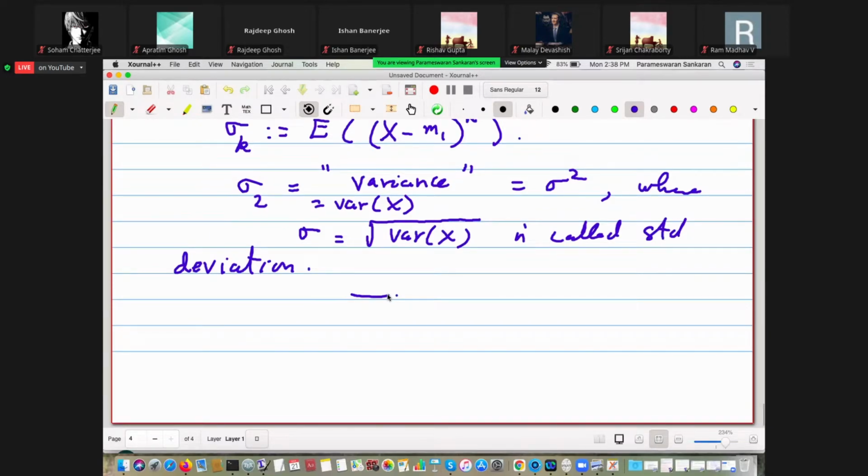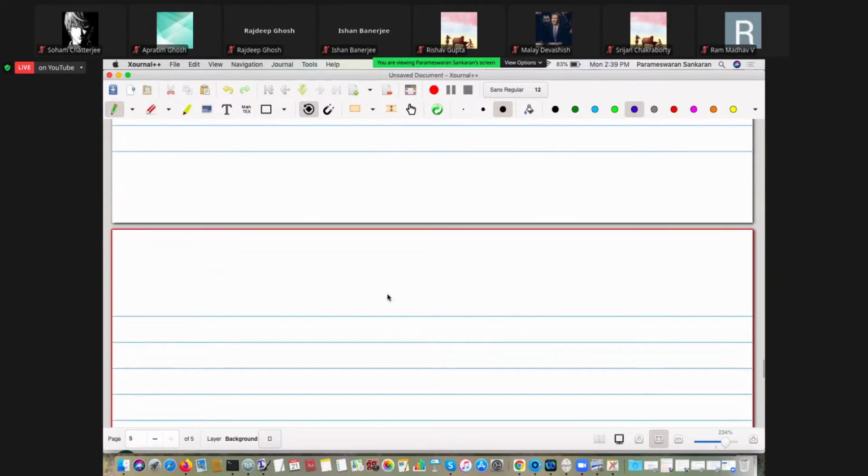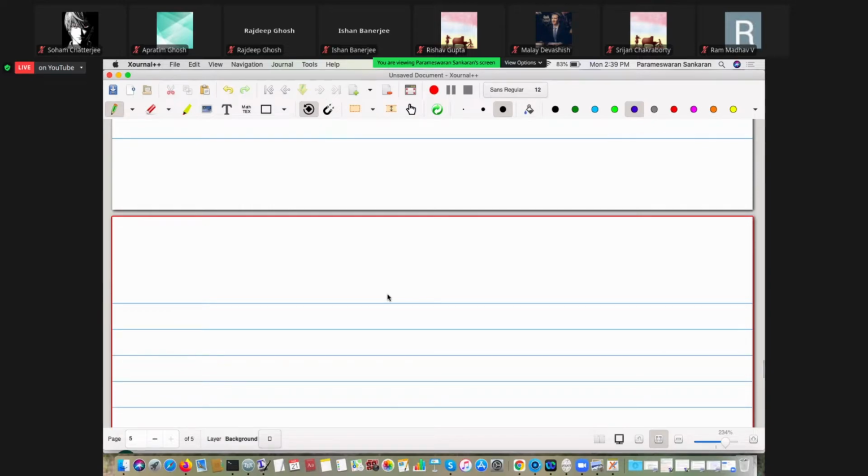This theorem is quite significant, although it's again very easy. Let me first state the theorem. The expectation operation has the following properties.